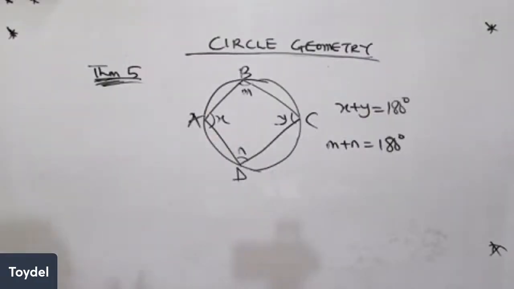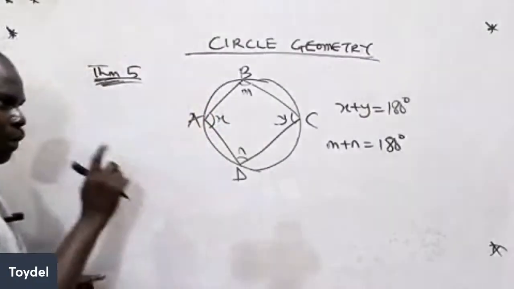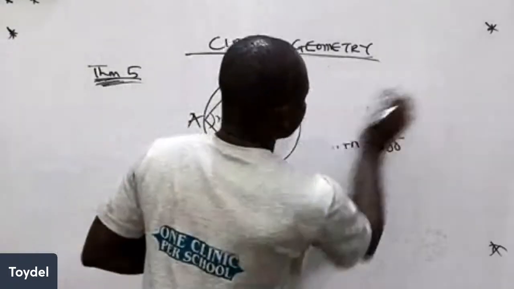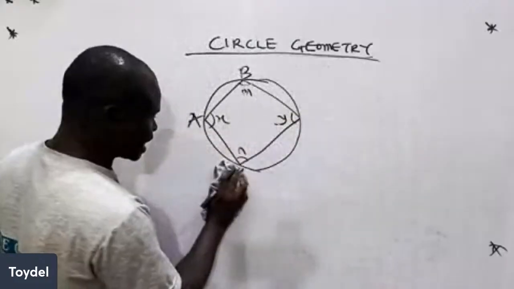Then I want to combine two theorems now. This is theorem 5: opposite angles of a cyclic quadrilateral are supplementary. And there's another theorem, which is an extension of this theorem.